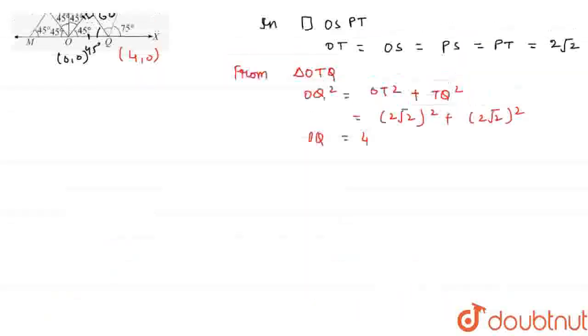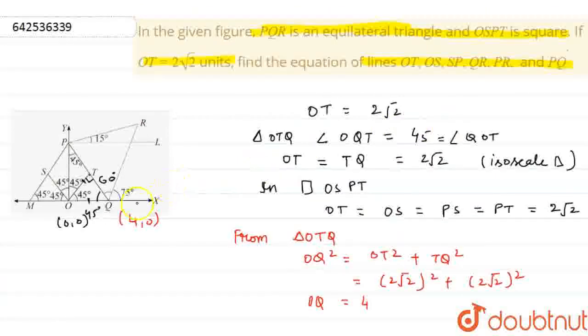Now we have the coordinates of O and Q. Similarly, we can calculate the coordinates of this point P if we know the distance of OP. So for calculating the distance of OP, again we will apply the Pythagoras theorem in this triangle, because this is also a right angle triangle. If this is our 90 degree, right, and we have this side, this is 2 root 2, right?